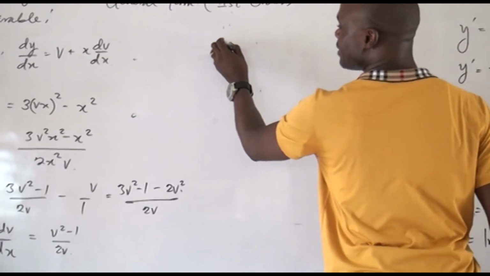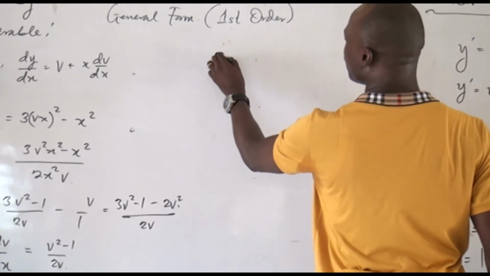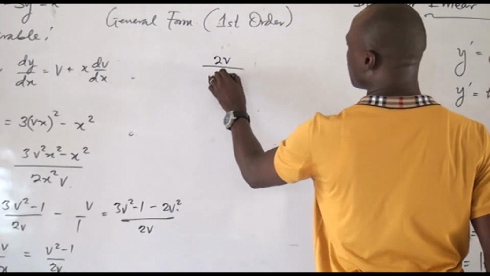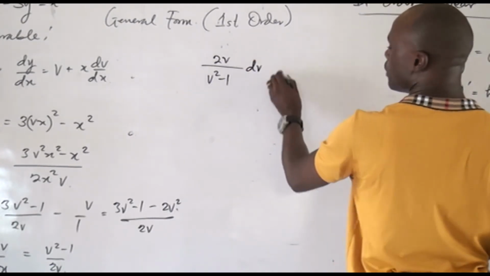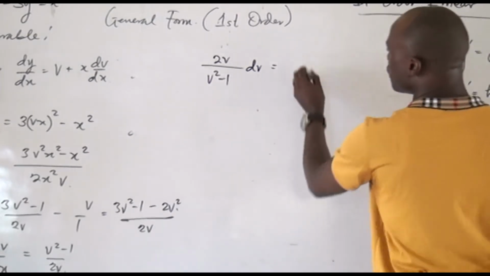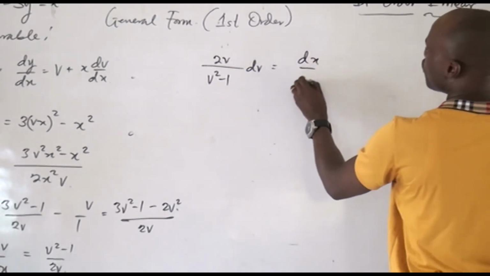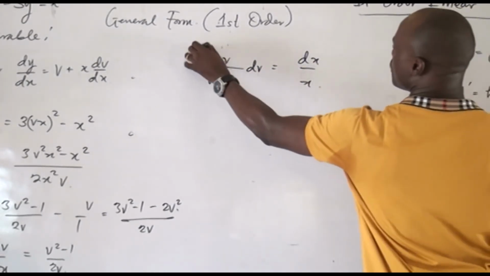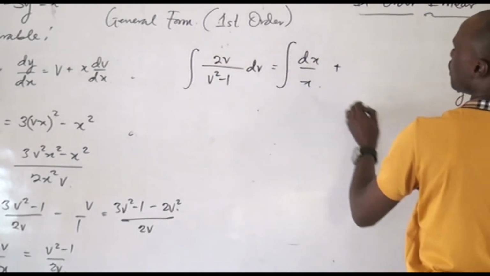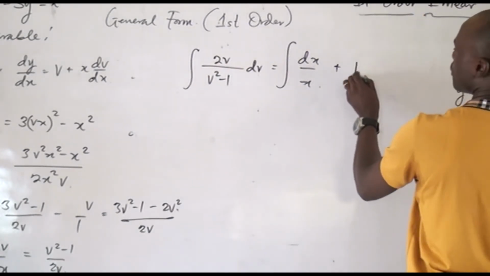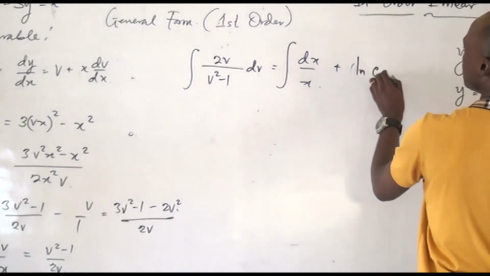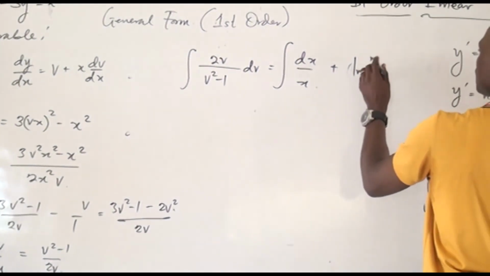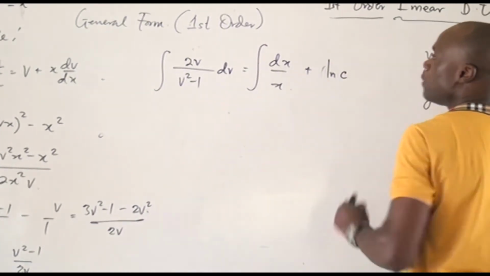We can rewrite this as 2v over v squared minus 1 dv equals dx over x. I'm going to integrate both sides, plus the natural log of c. I'm going to explain why we have the natural log of c.